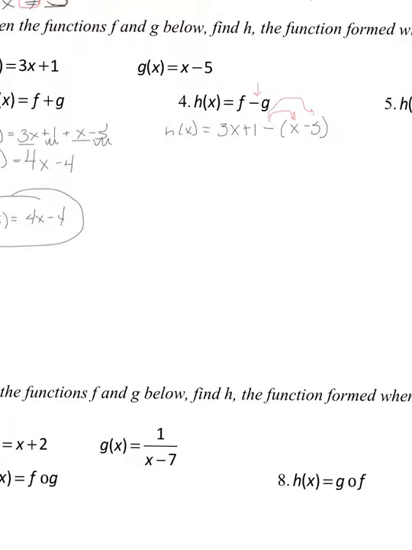So you really need to make sure you use parentheses with this. So h of x equals 3x plus 1 minus x plus 5. And again, combine like terms, I've got a 3x and a negative x, so that's h of x equals 2x, and then I've got a 1 and a 5, so it's 2x plus 6. And so that's our answer there, h of x equals 2x plus 6.